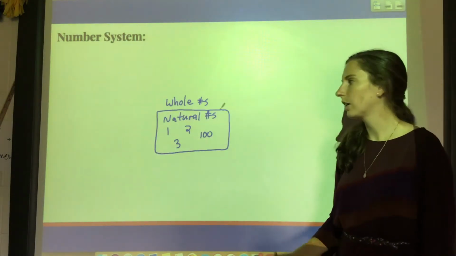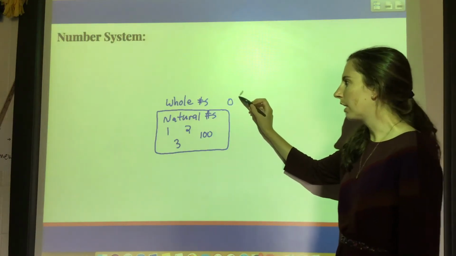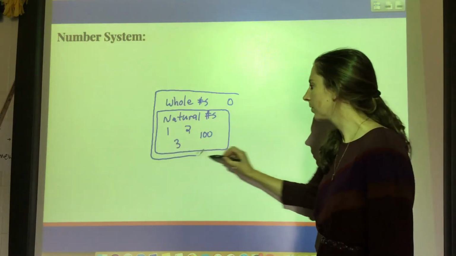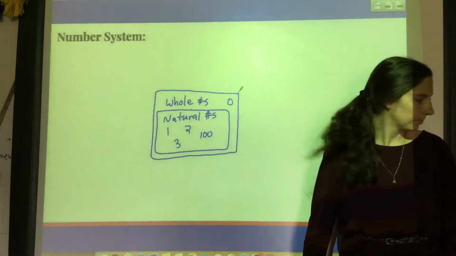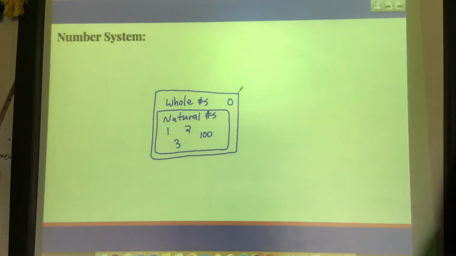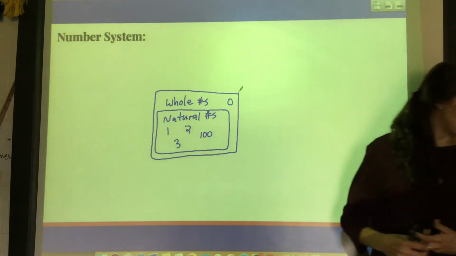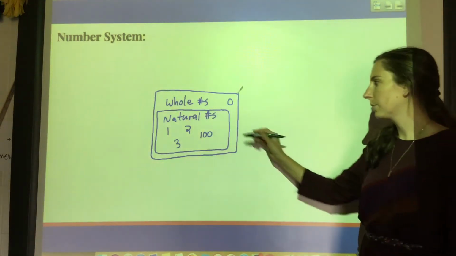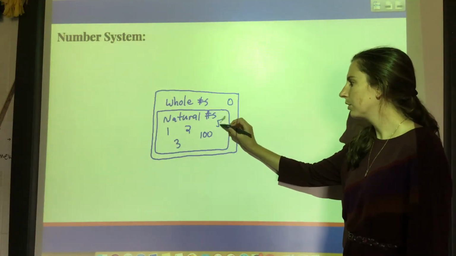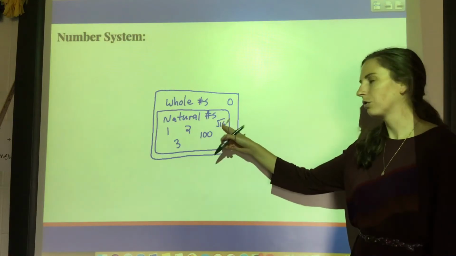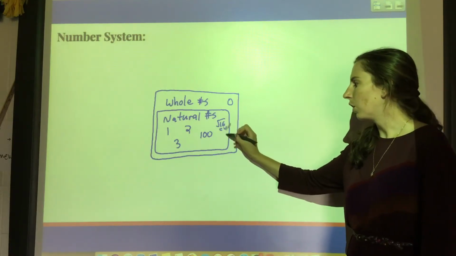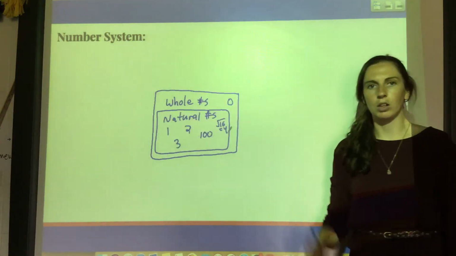And then once you start including 0, we call those the whole numbers. Note that this could also be something like square root of 16, because that's just 4. So all of those are what we call the whole numbers.